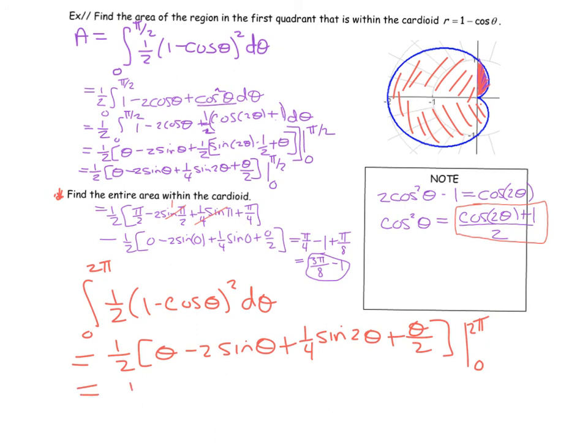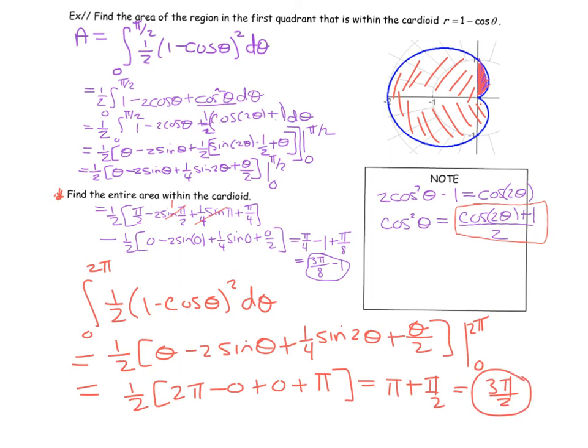So we'll get 1/2 2 pi minus 2 sine of 2 pi, which is 0, plus 1/4 sine of 2 times 2 pi, or 4 pi, which is 0. Plus 2 pi over 2 is pi. And so when you distribute, you get 2 pi times 1/2 is pi, plus pi over 2, which is 3 pi over 2. So the area inside that entire cardioid or limaçon is 3 pi over 2.